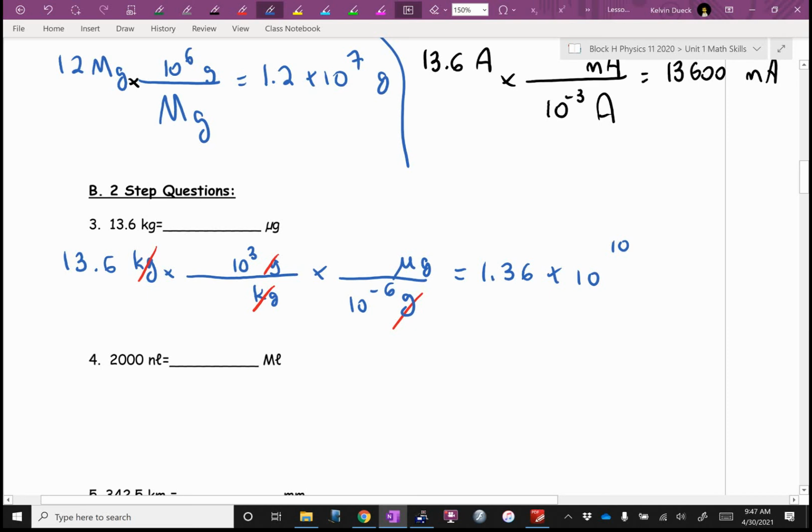Some of your calculators might display that as 1.36 times 10 to the 10th, but those of us in the TI world, it does that little E thing, which is a computer symbol. So I have to translate it. Oh, units. What are my final units, Alex? Yep. Greek letter mu. A student made that a few years ago, actually, so it's really, really handy.